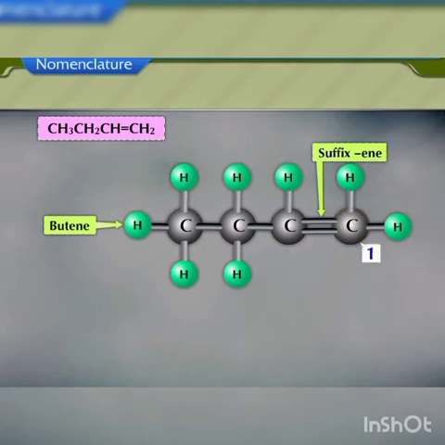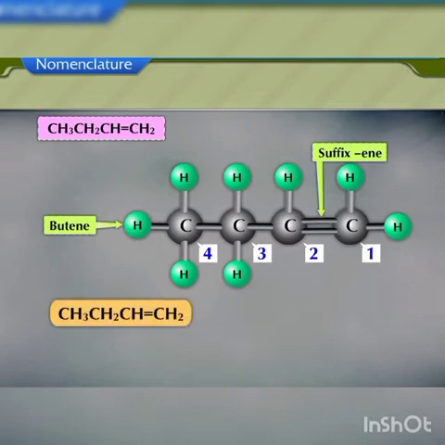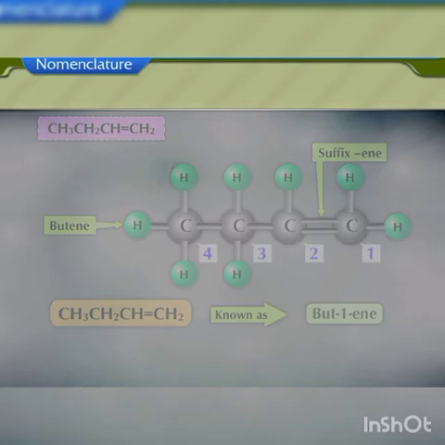If the position of the double bond is between the C1 atom and the C2 atom, then the lower number of carbon atom will be used as the prefix to indicate the position of the double bond. In this case, the compound is known as but-1-ene.